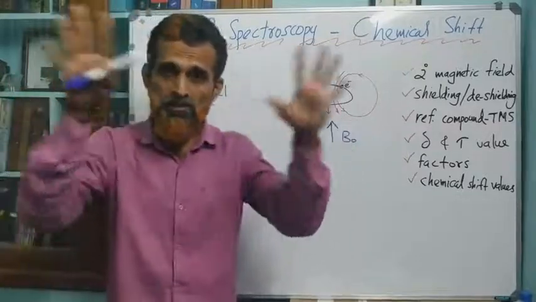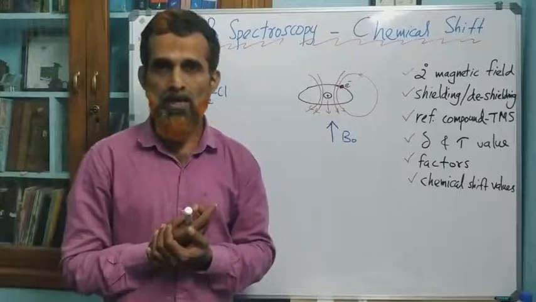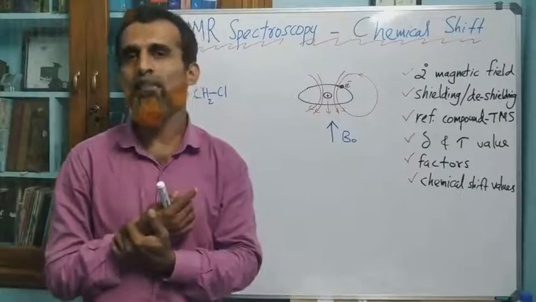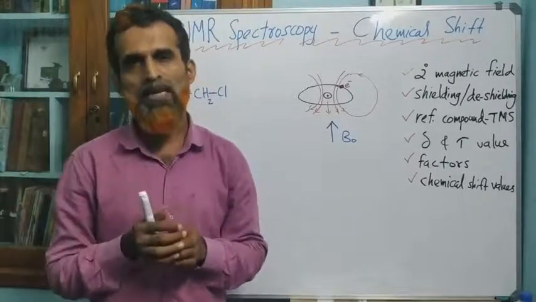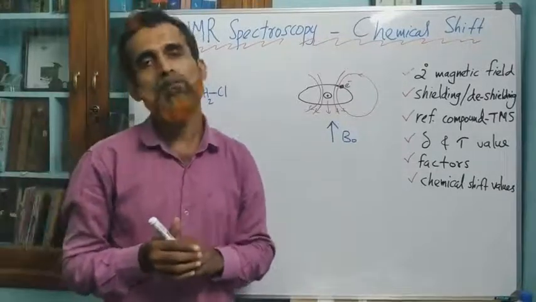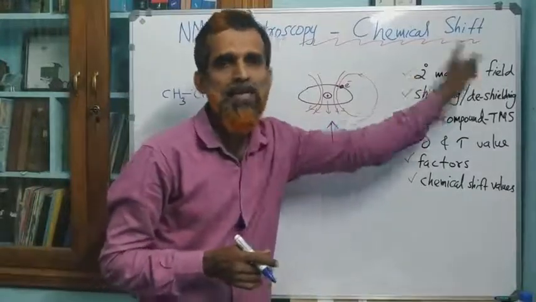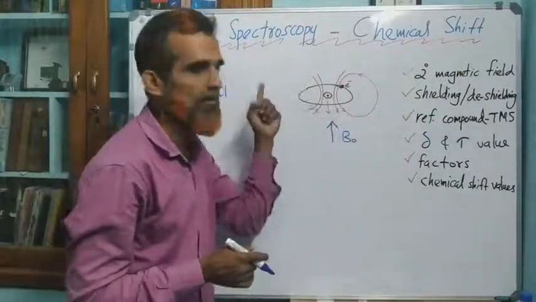If all the protons in an organic molecule were feeling the same applied field, it would have given only one NMR signal, but it is not so. We can see different peaks in the NMR spectrum of a molecule. It is because of this phenomenon of secondary magnetic field generated by the circulating electrons.